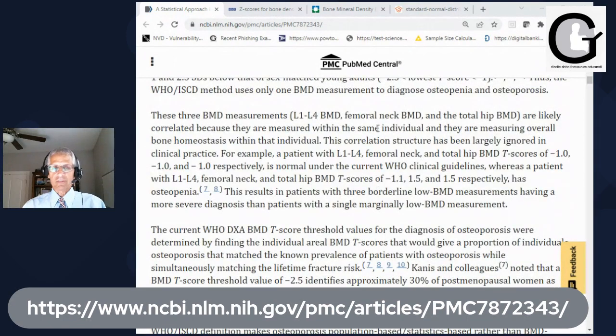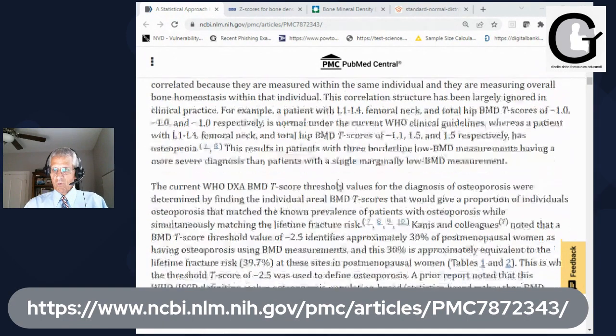They talk about the different aspects, the T score threshold, and it says these individuals noted that the BMD T score threshold value of negative 2.5 identifies approximately 30% of postmenopausal women as having osteoporosis using BMD measurements.